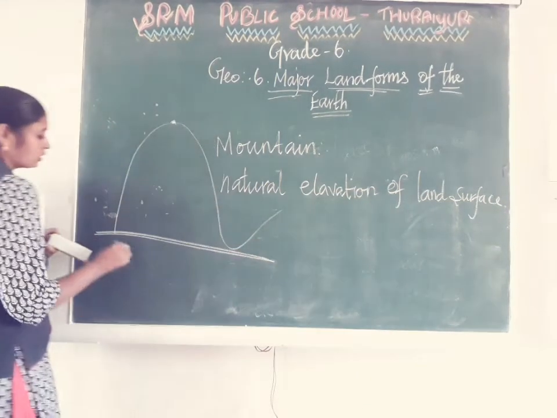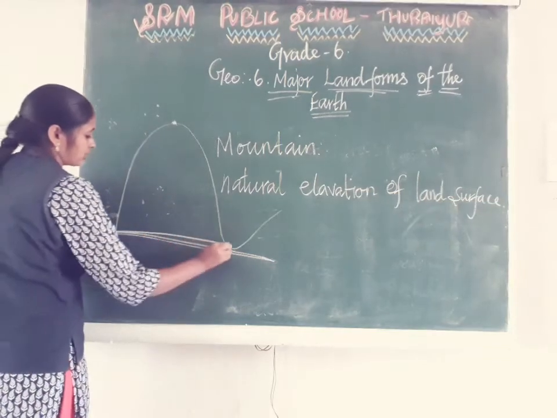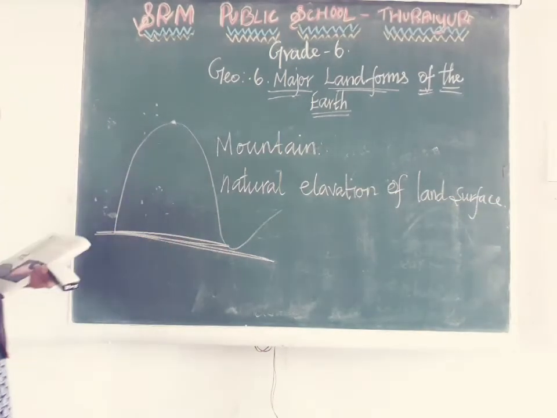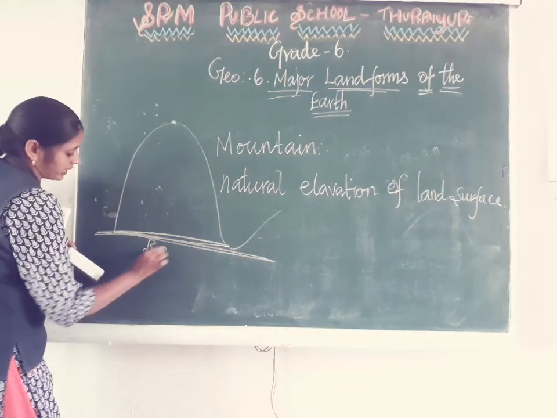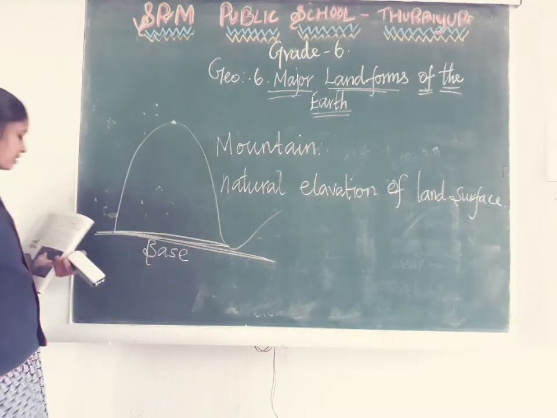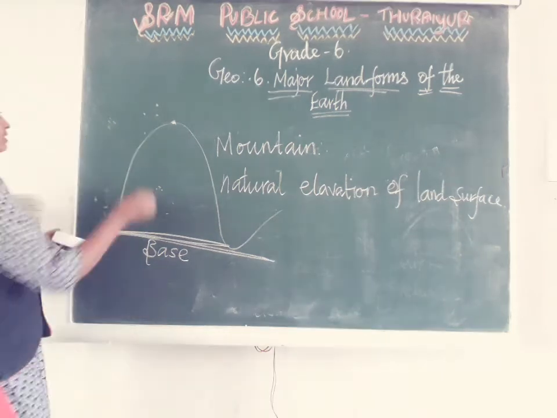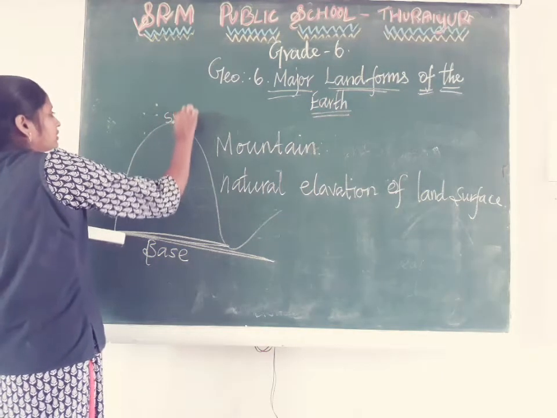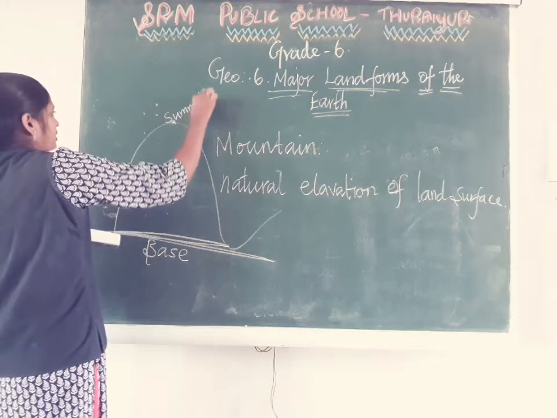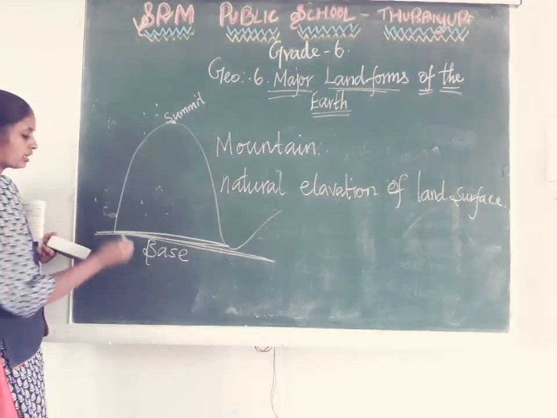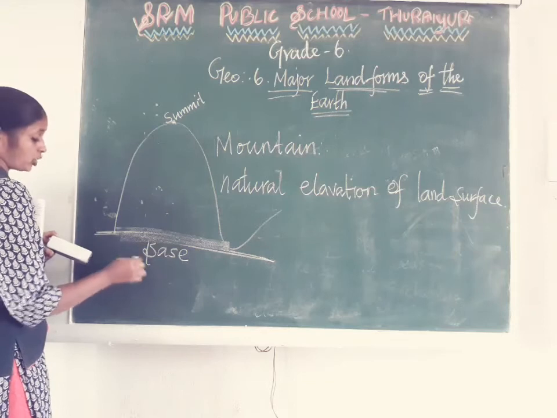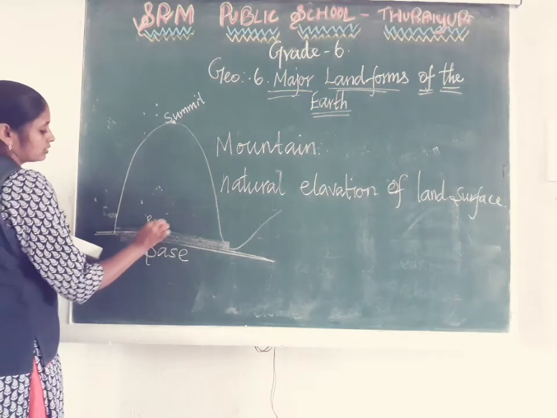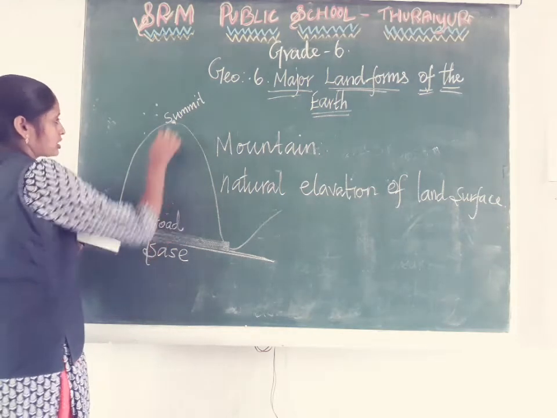The lower part is called the base, and the top is called the summit. In a mountain, the base is broad and the summit is small.